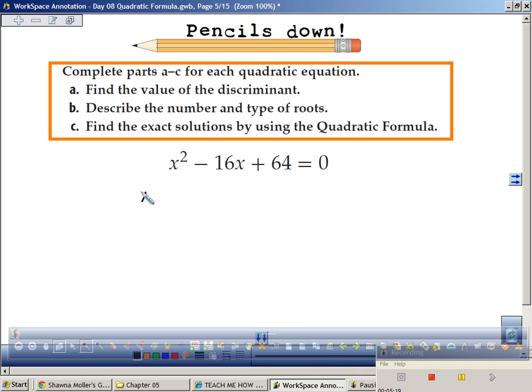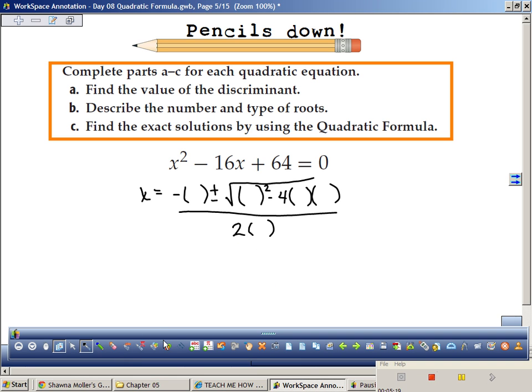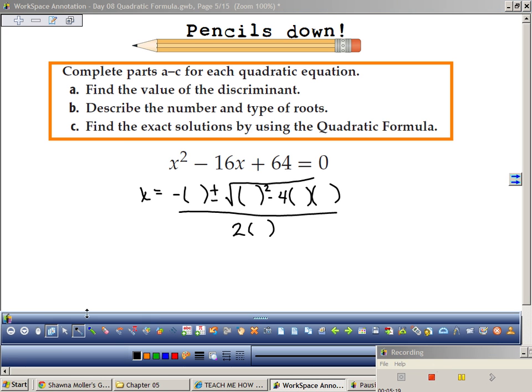So I have x equals negative b plus or minus the square root of b squared minus 4ac all over 2a. My a is 1.